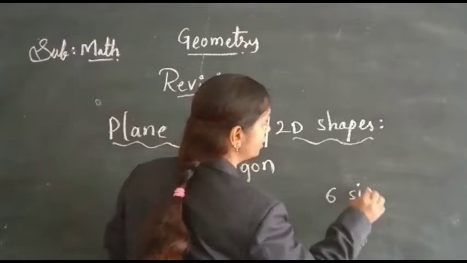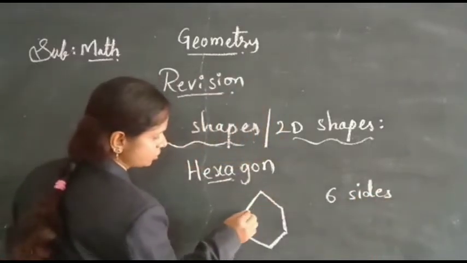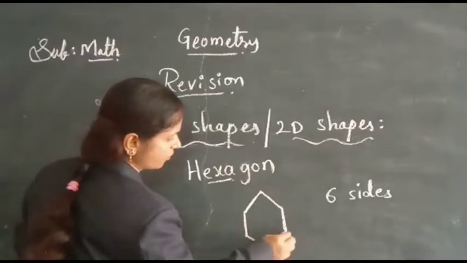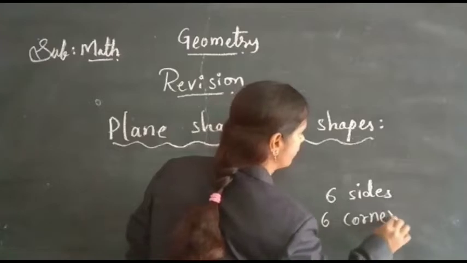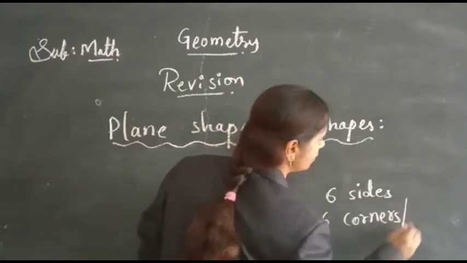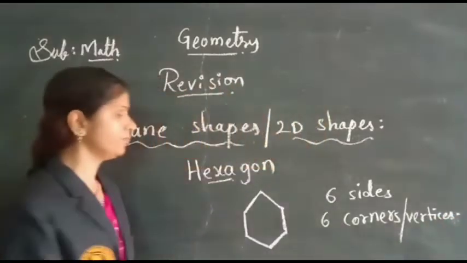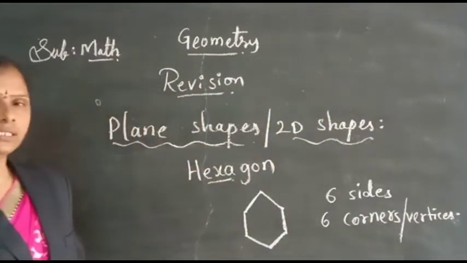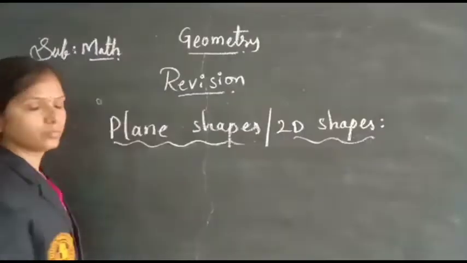So a hexagon has 6 sides and 6 corners. Corners you can call vertices also. So a hexagon has 6 sides and 6 vertices.